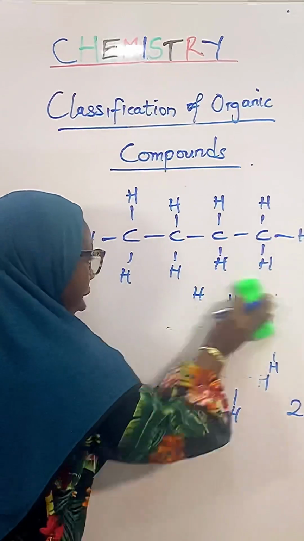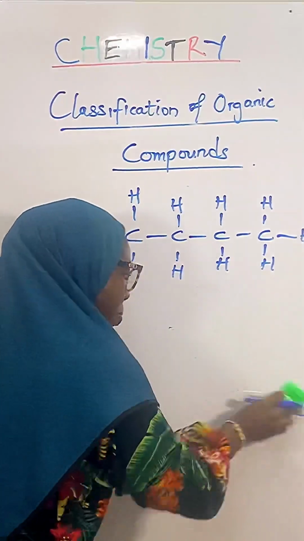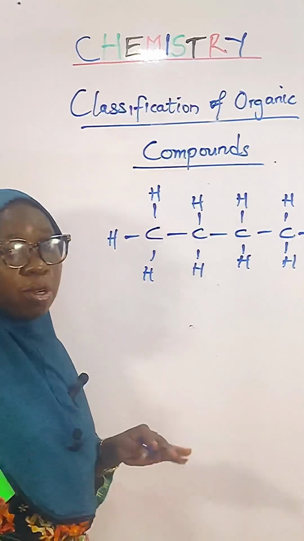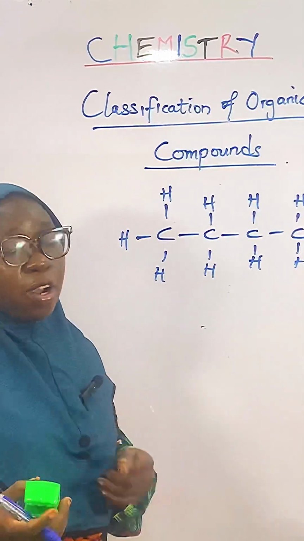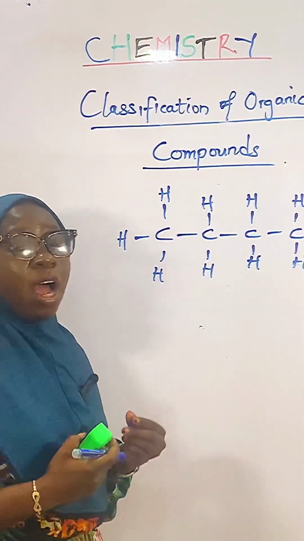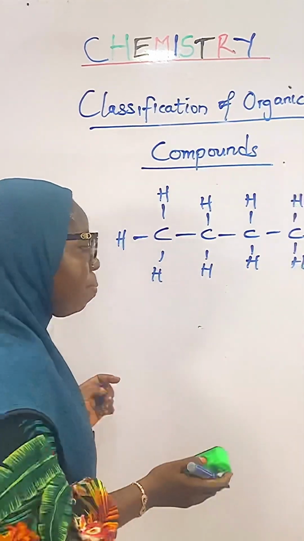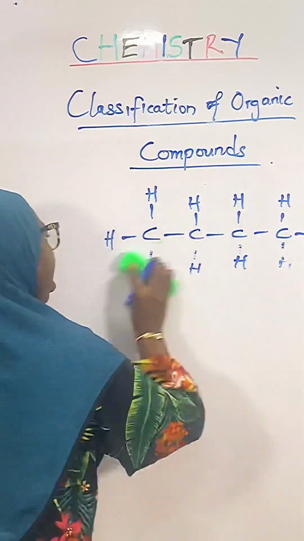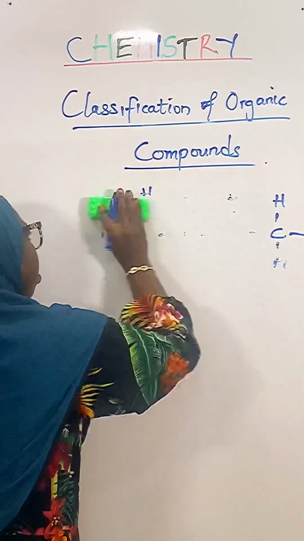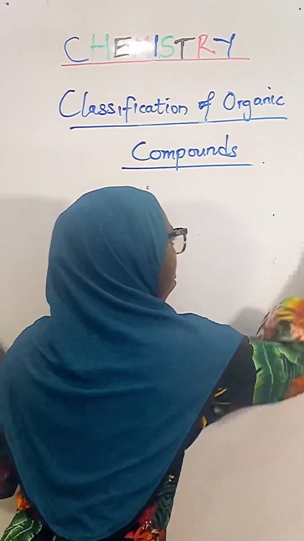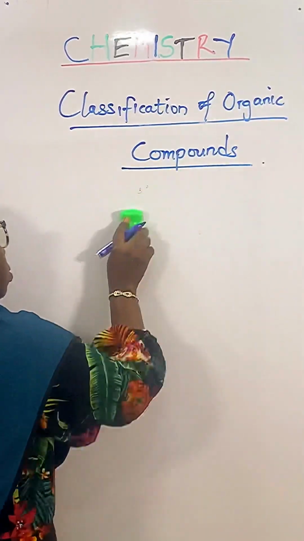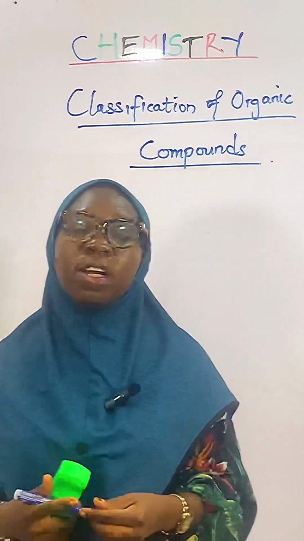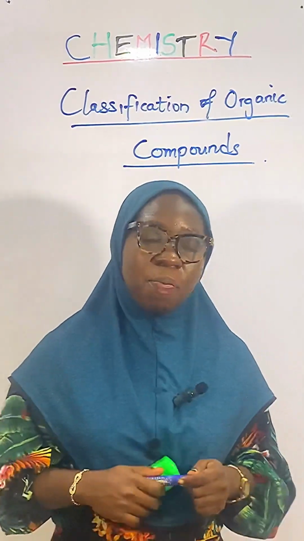Now, let's go back to our cyclic compound. Remember I told you that the cyclic compound can also be subdivided into two, which are homocyclic or carbocyclic compound and also heterocyclic compound. So let us look at what homocyclic or carbocyclic compounds are.